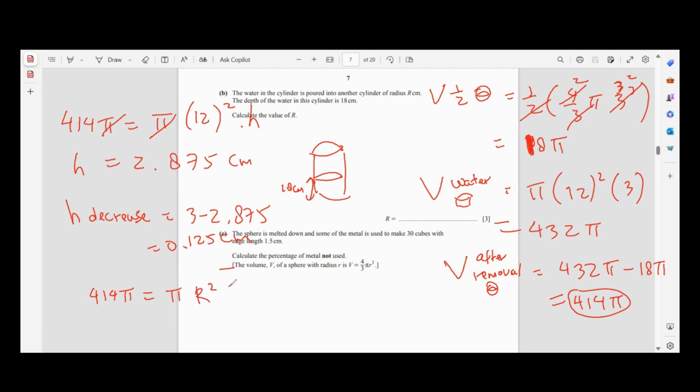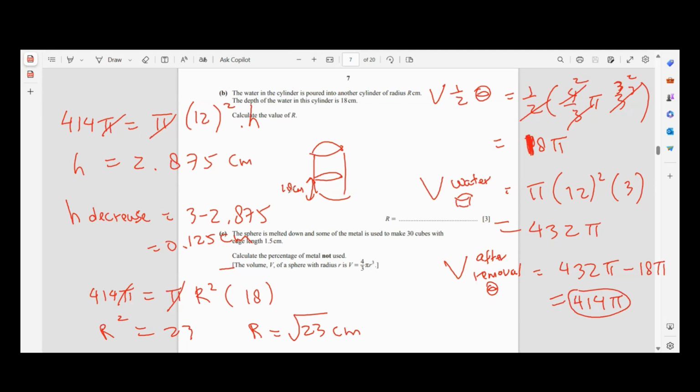So r squared times the height, which is 18. The pi is gone, so r squared equals 414 divided by 18, so 23. So we got the radius is square root 23 centimeter. So that is for the B.